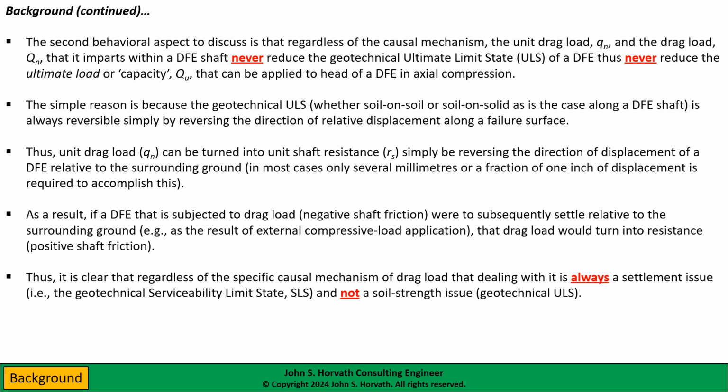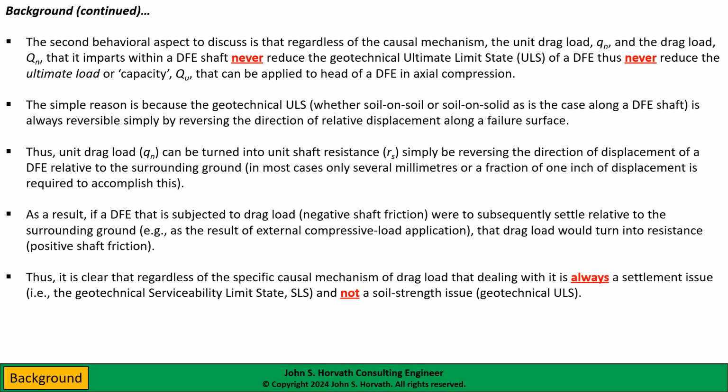So the bottom line is very clear that regardless of what causes drag load, residual loads, global settlement, whatever, dealing with it is always a settlement issue. That is, it involves the geotechnical serviceability limit state, SLS. It is not a soil strength issue, the geotechnical ULS.